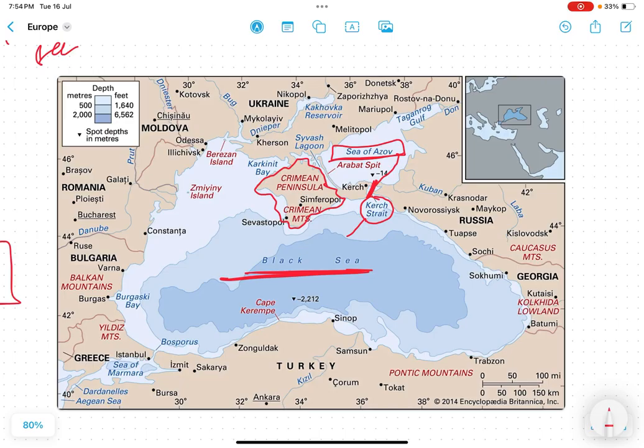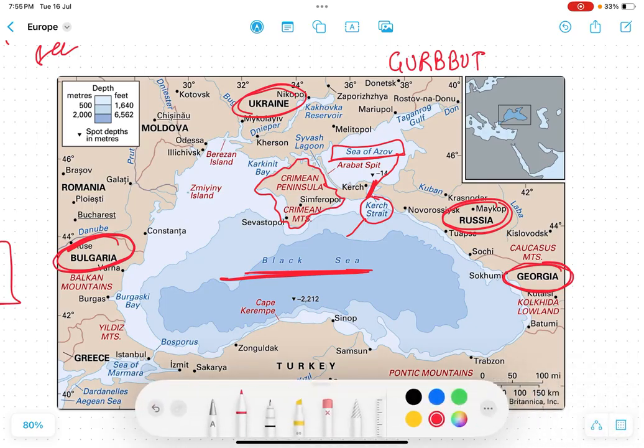Right? So first of all, what all countries are there on the Black Sea? Black Sea is very easy to remember. You can say GURRBUT. G is for Georgia, U is for Ukraine, R is for Russia, B is for Bulgaria. It is double R actually. You should remember that.